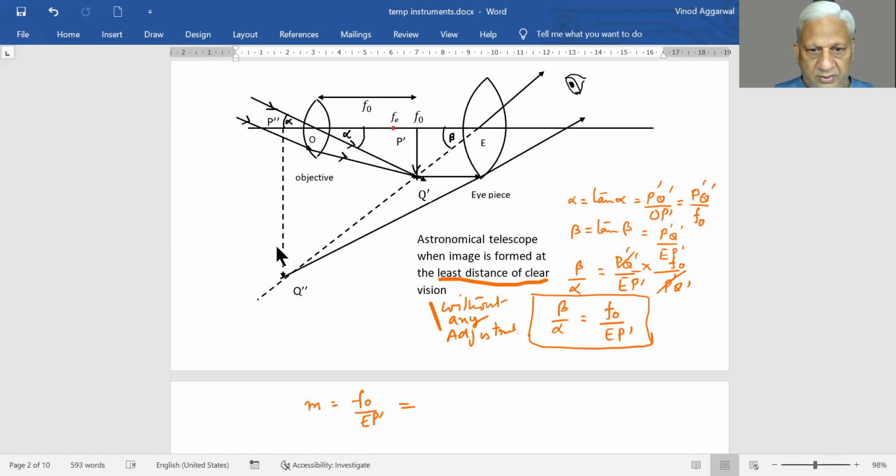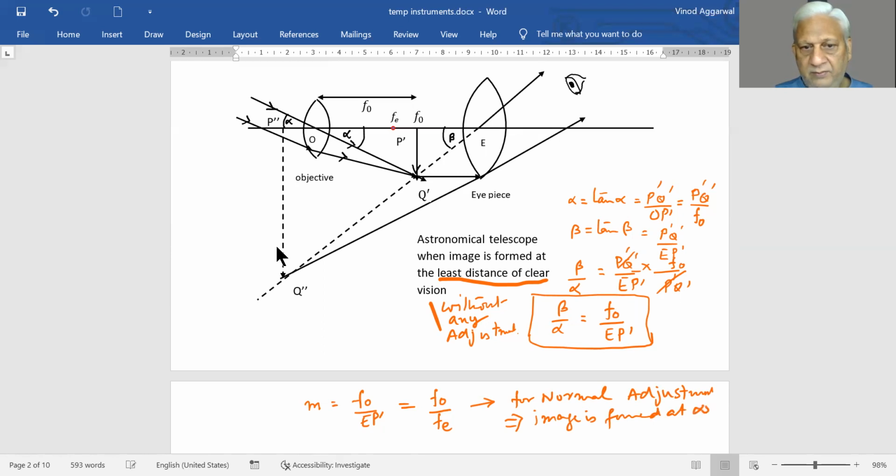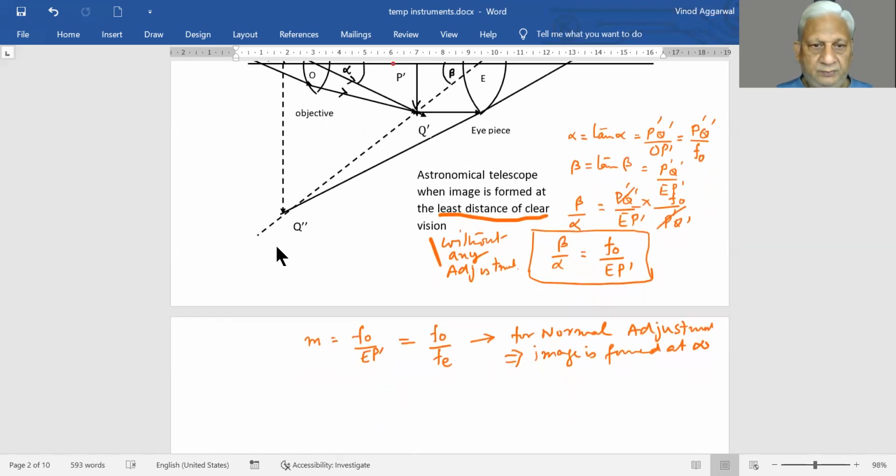So when this condition happens, EP dash gets replaced by FE, and this is the condition for normal adjustment. That means the image is formed at infinity.